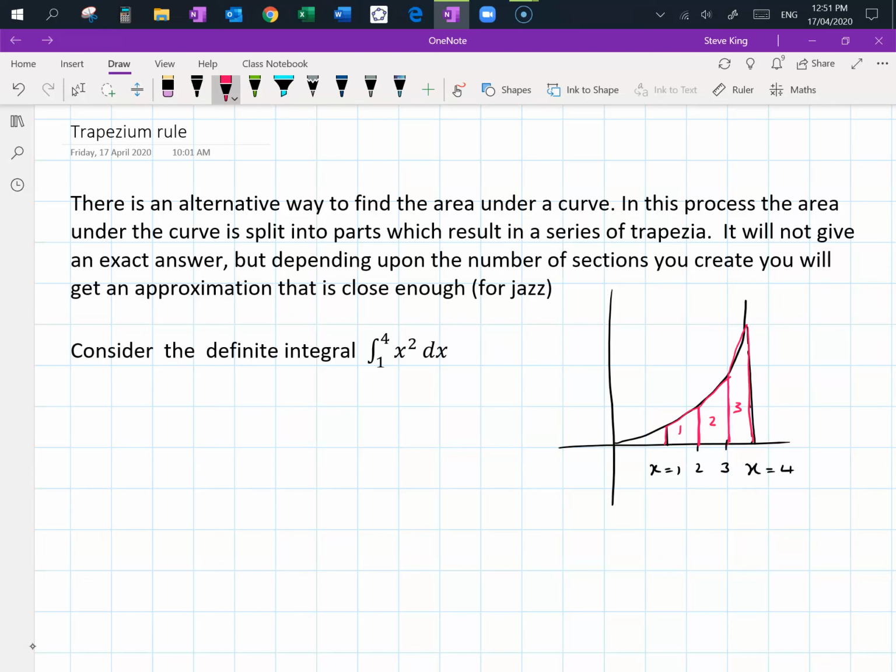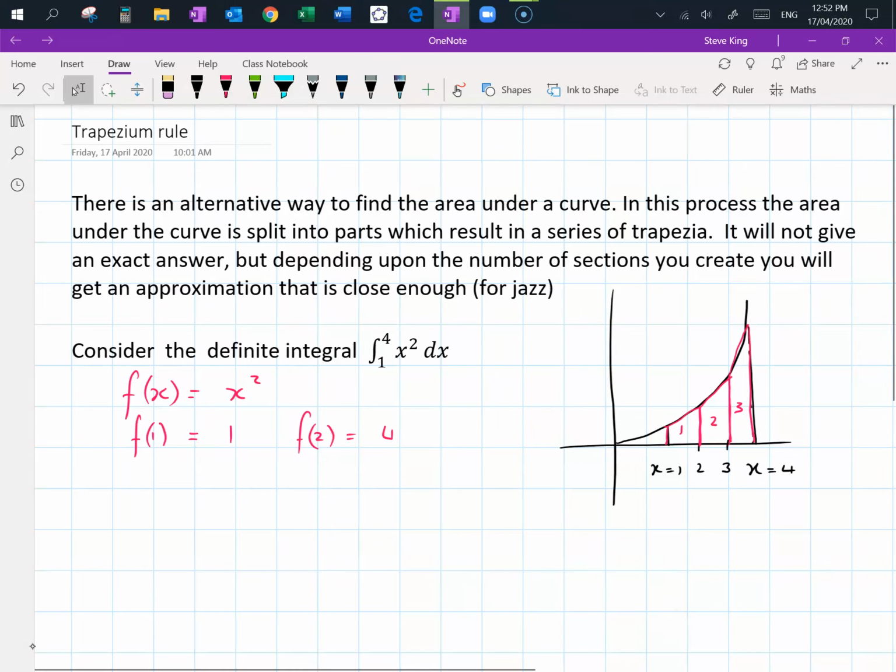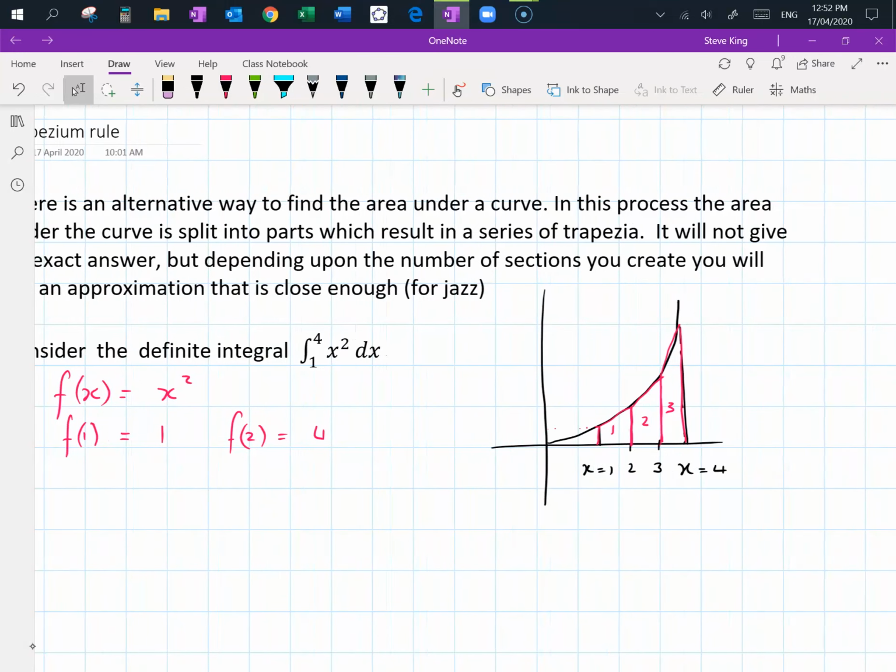So to do that, I'm going to have to look at my function. The function is basically f of x is equal to x squared. So f of 1 is going to be 1 because 1 squared is 1. f of 2 is going to be 4. So in other words, this value over here is 1.